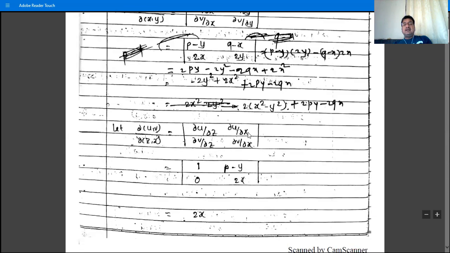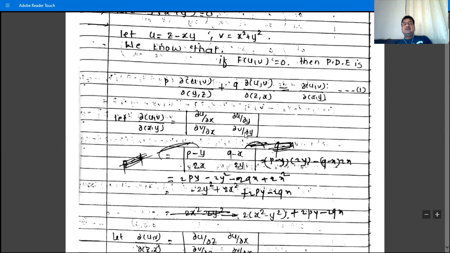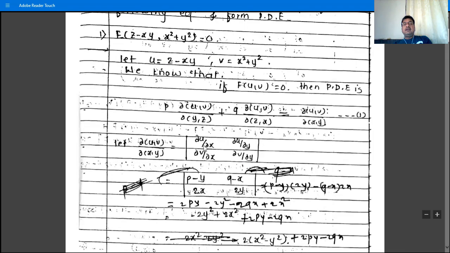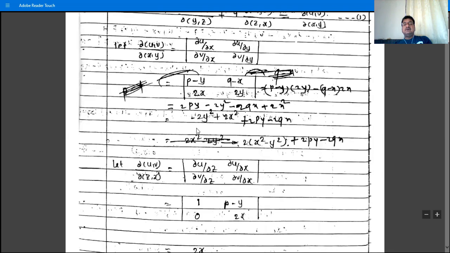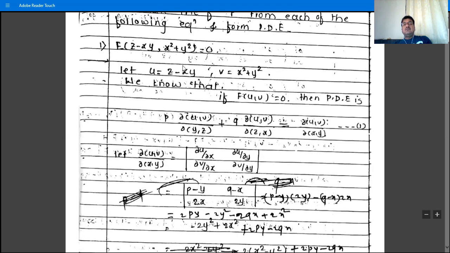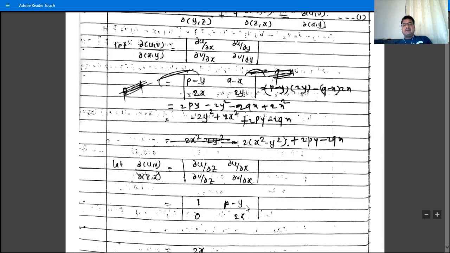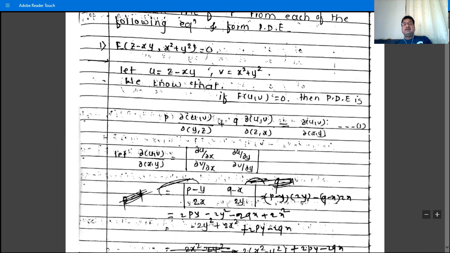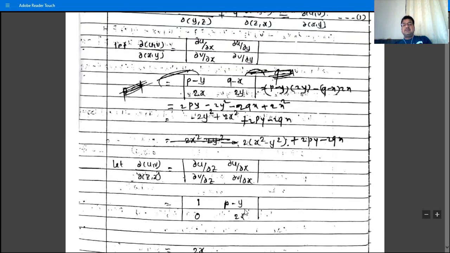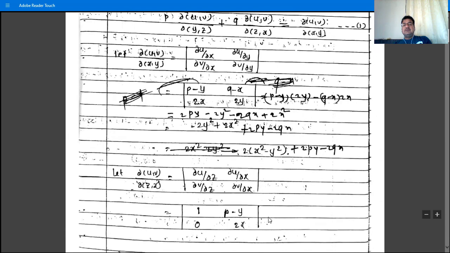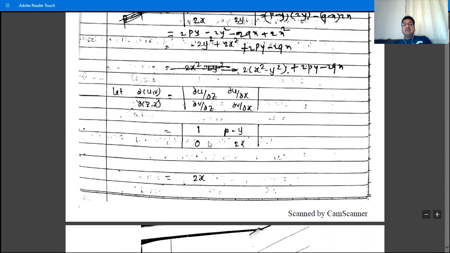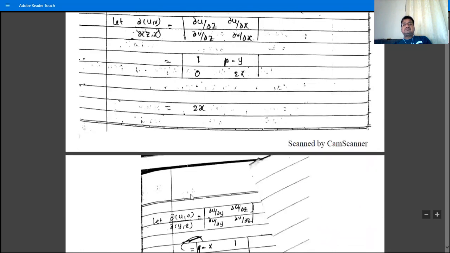Then ∂u/∂x is p minus y. Then ∂v/∂z is 0, because v is x square plus y square and its derivative with respect to z is 0. And ∂v/∂x is 2x.